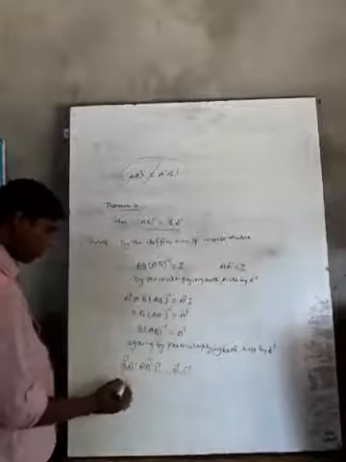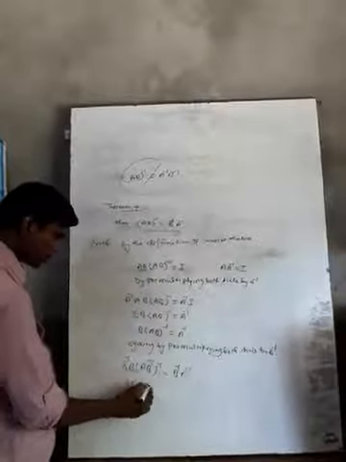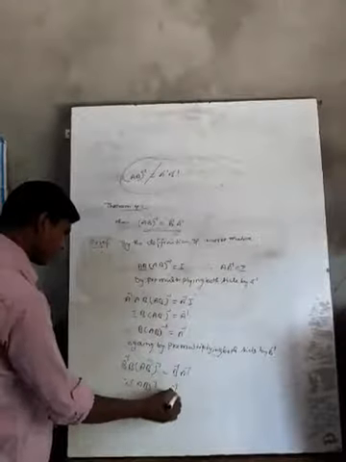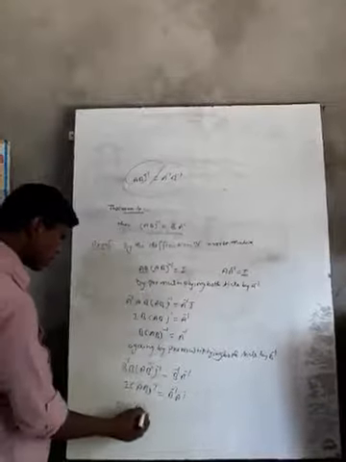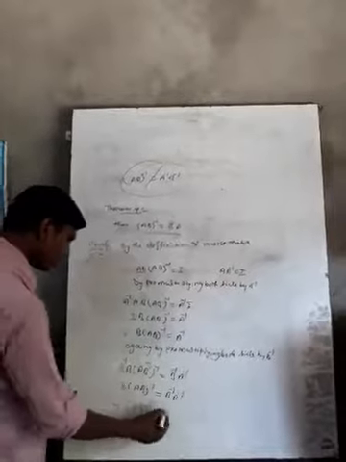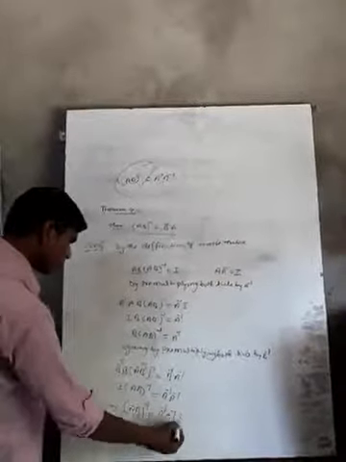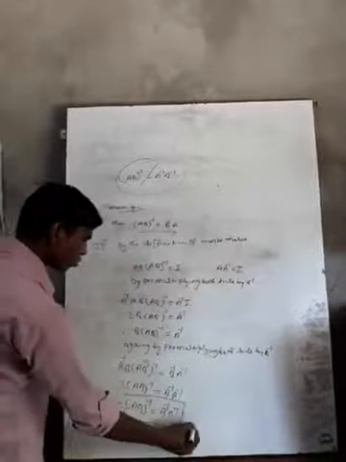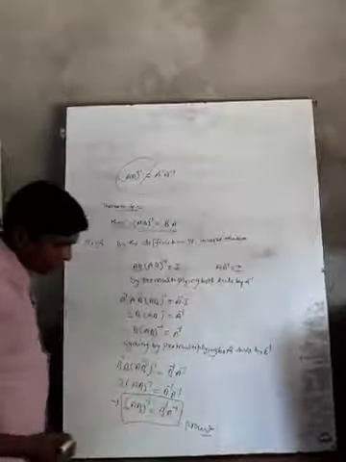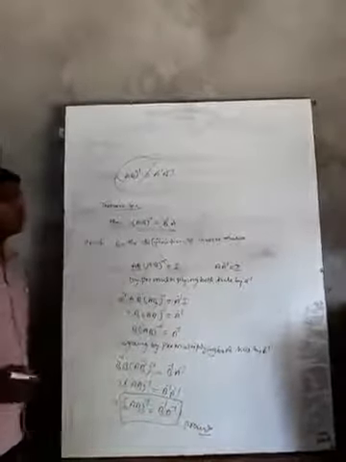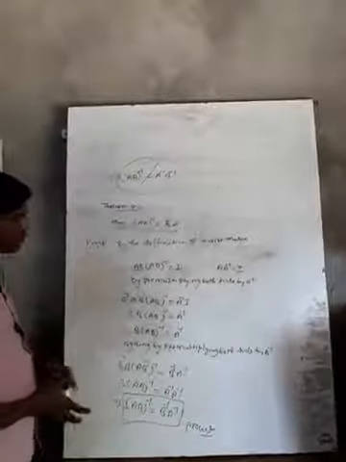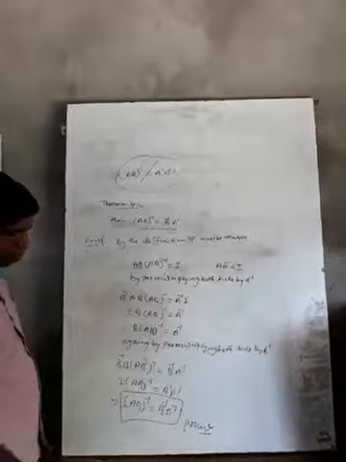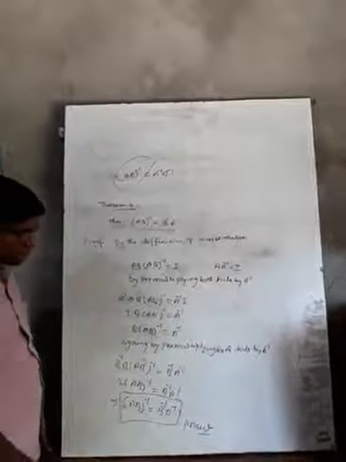B inverse B is equal to I, so I into (AB) inverse equals B inverse A inverse. I into any matrix is the same matrix, so we can write (AB) inverse is equal to B inverse A inverse. This we had to prove. In this way we prove that the whole (AB) inverse is equal to B inverse into A inverse. Now here, the most important topic we are going to read about is the inverse of a matrix by elementary operation.